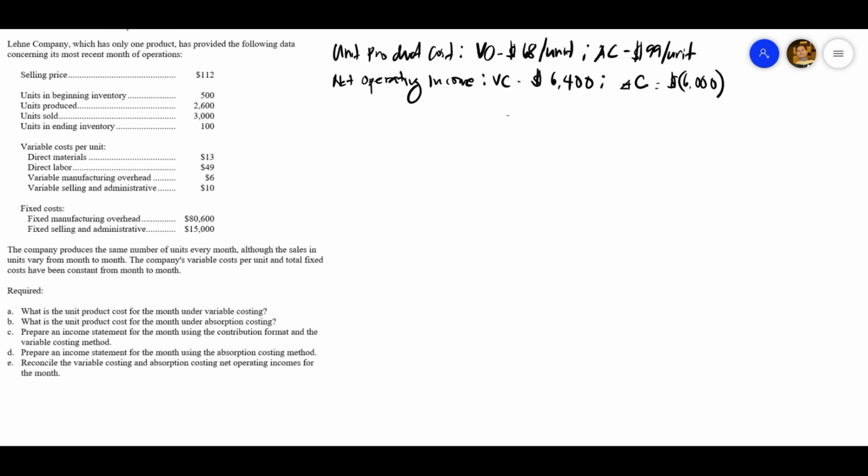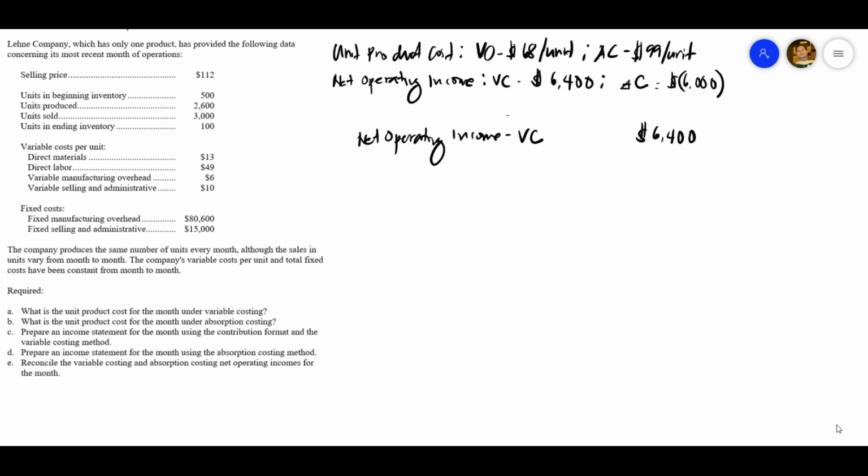Okay, the next requirement, or the last requirement, is to reconcile the variable costing and absorption costing net operating incomes for this month. Okay? So let's start with the net operating income under variable costing. So that is how much? 6,400. So how do we now analyze this kind of problem?